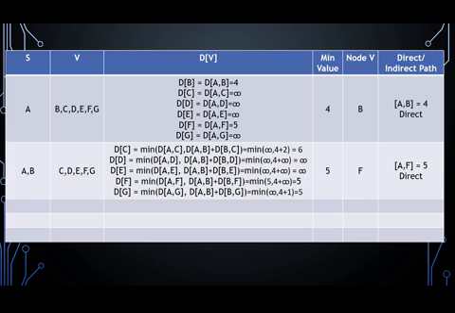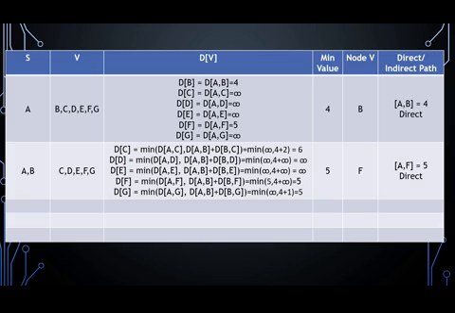Remaining vertices are C, D, E, F, G. So D of C is minimum of D of C from the previous step, infinity, and minimum from the previous step, 4, and distance from the new source, B to C. B to C is 2. So minimum of infinity comma 4 plus 2, minimum is 6.